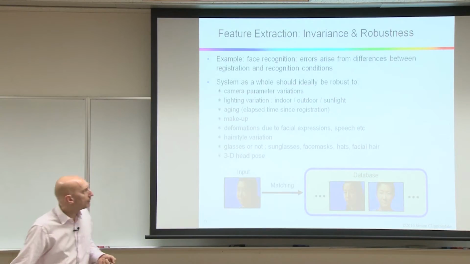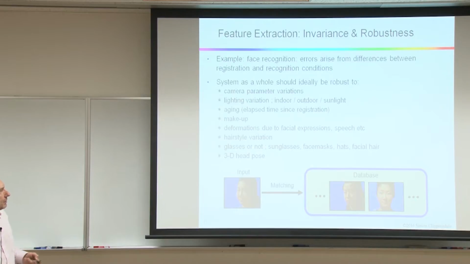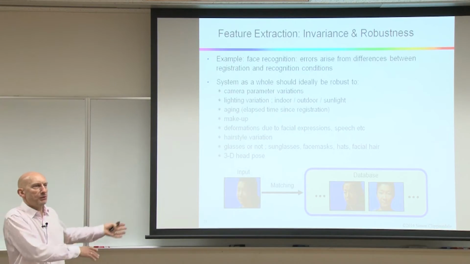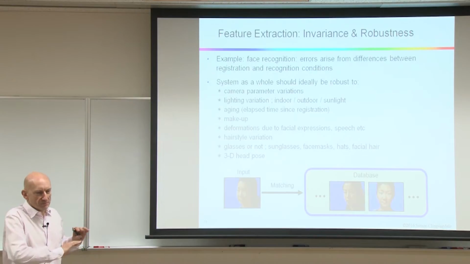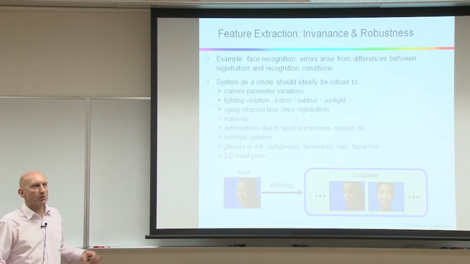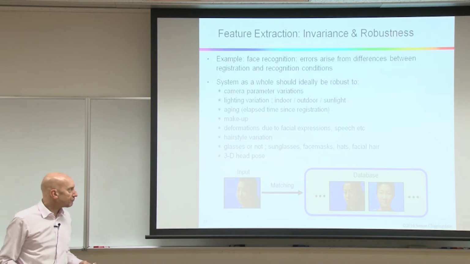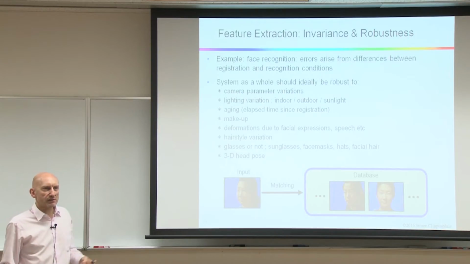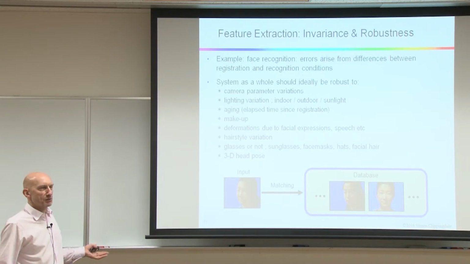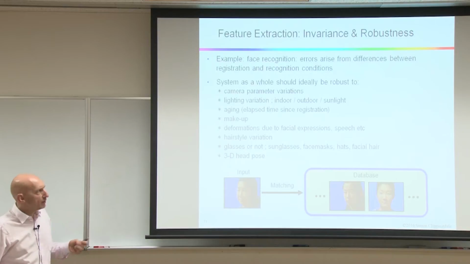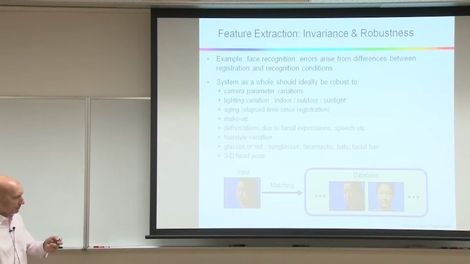Okay. To put that into more specific terms, using the example of face recognition again, a lot of errors arise from differences between registration and recognition conditions. So you register someone in your database and then they show up at the front door and look into the video camera, but the weather's different, or they're smiling, or their hairstyle's different, or they've got sunglasses on.